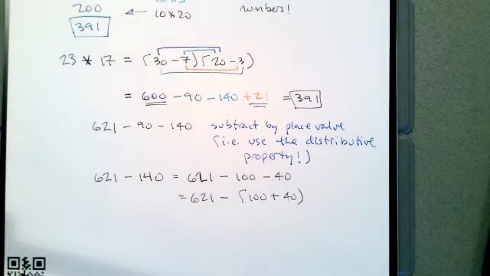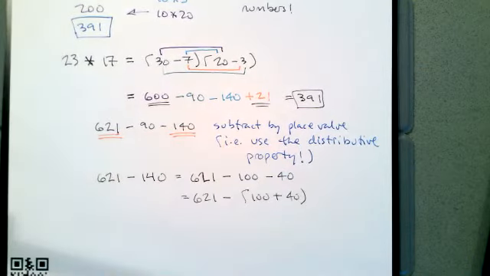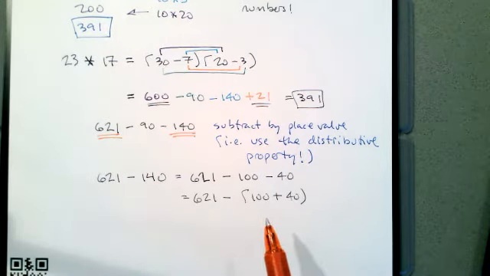If I just think of these two numbers, 621 minus 140, we can use the distributive property and subtract by place value. Now, this is not what we would write. It'd be crazy to write this much.